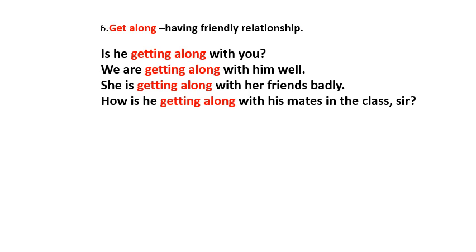In the same way, when we say we are getting along with him well, that means we are having a friendly relationship with him. In this way, when we write along with get, it gives the meaning of having a friendly relationship. In the other two sentences also, we can find the same meaning.